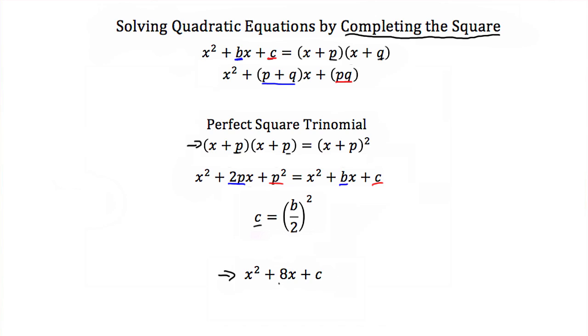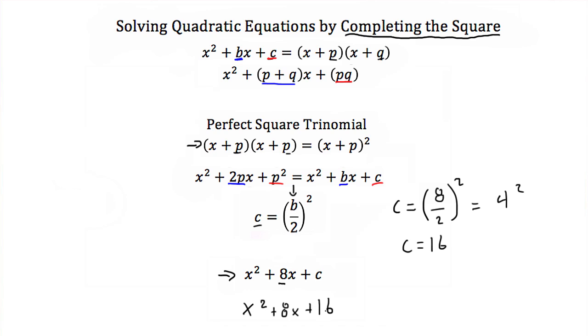We would just plug in 8 for b, and that would look like c is equal to 8 over 2 squared. Now 8 over 2 is 4, so we'd have 4 squared, so our c is equal to 16. So if this is a perfect square trinomial, it's really x squared plus 8x plus 16.